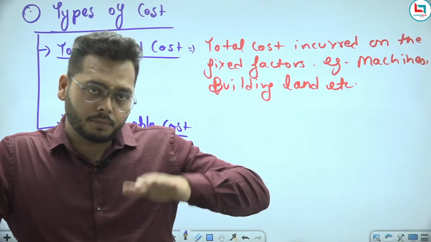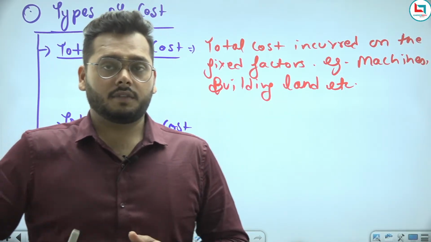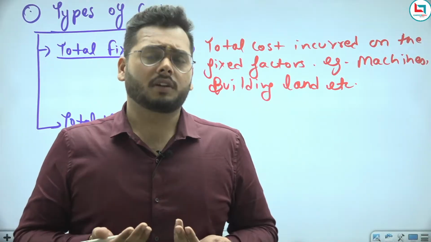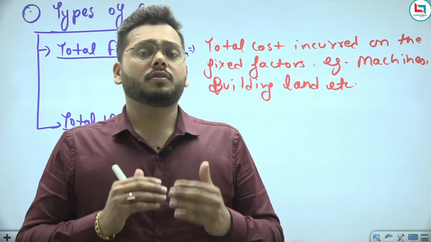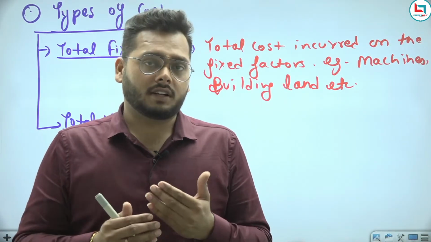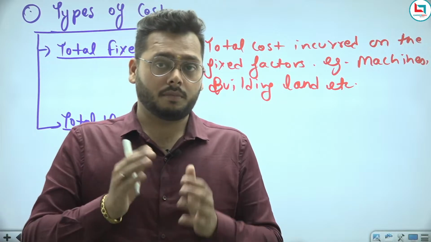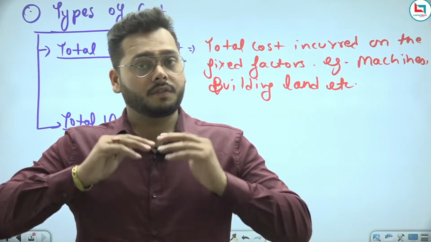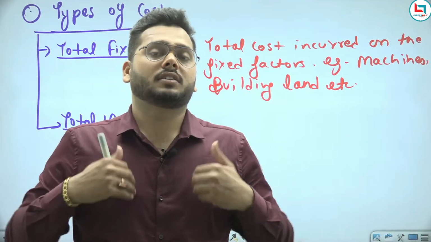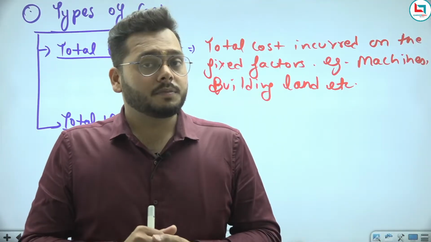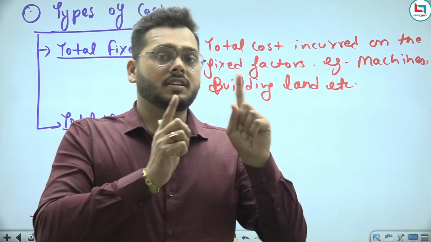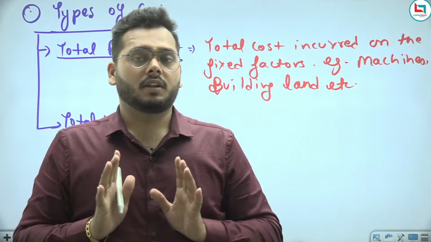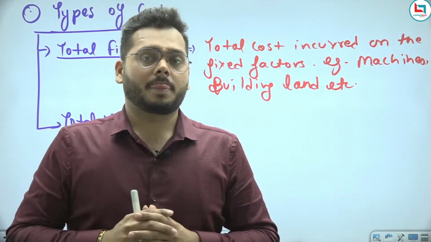If you want to produce more, you have to spend more. You have to hire more labor. You have to purchase more raw material if you want to increase the level of production. It means when the level of production changes, the variable factors change, and the cost also changes, right?